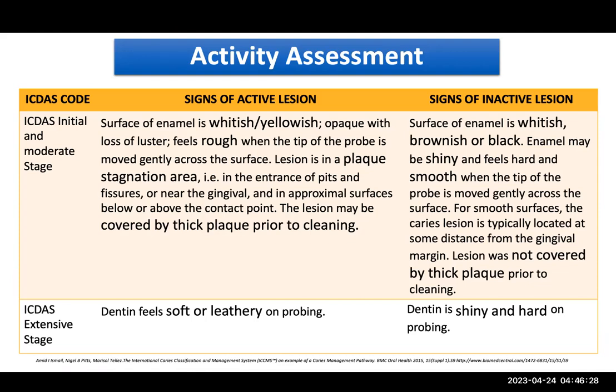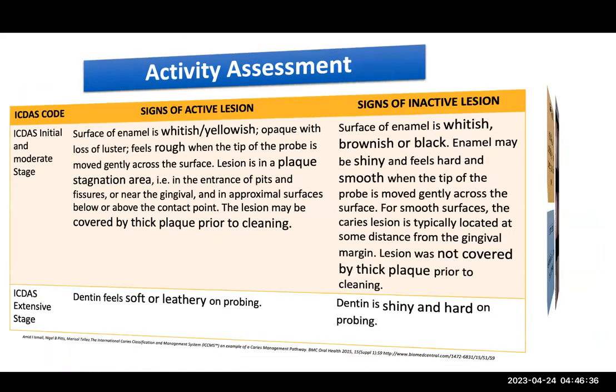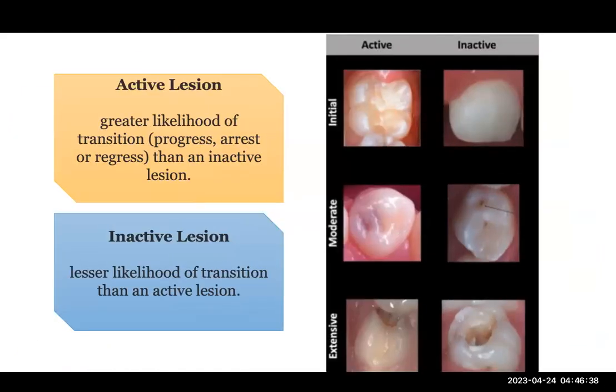So even if they are classified at the same level in the ICDAS system, they may be active or inactive lesions. So this is very important for you to record. See this example of active and inactive lesions in this picture.